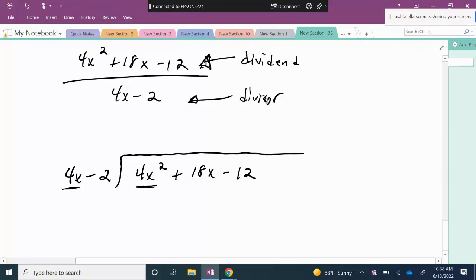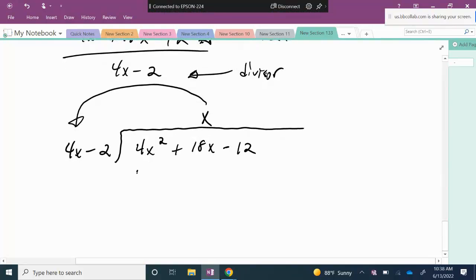Since I have 2 terms in my divisor, I'm going to place x above the second term in the dividend, because I'm going to distribute. x times 4x gives us 4x squared. x times negative 2 gives us negative 2x.